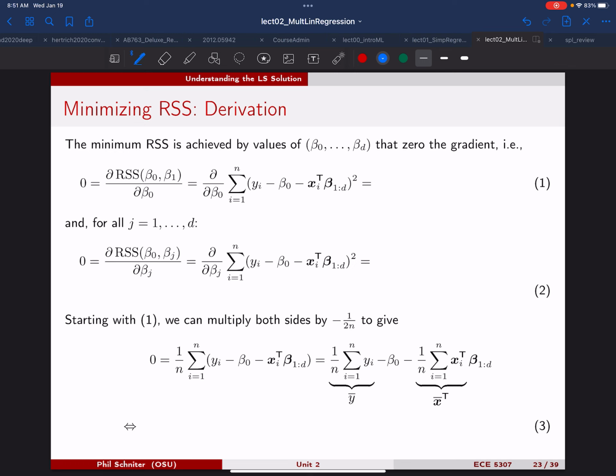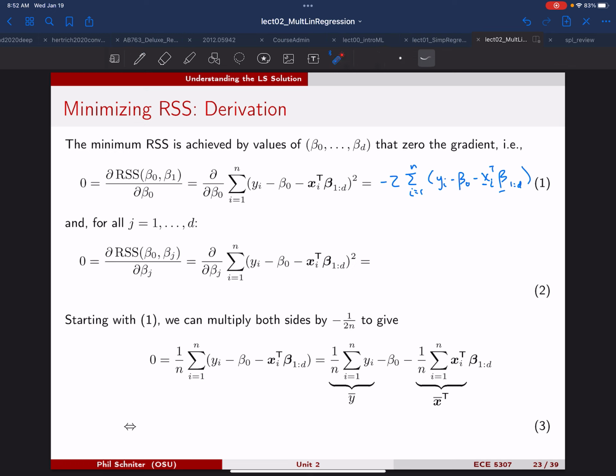This is easy. So we're going to get a minus 2. This is because of the 2 here and the minus here. And we're going to get a sum, i goes from 1 to n. And then we're going to get what's in the parentheses. And that's it.